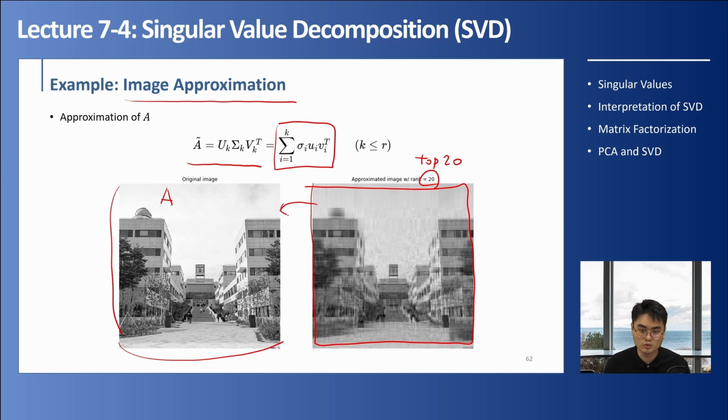So we can get a very large saving in memory. For example, let's say that this had a matrix size of, arbitrarily, 1000 times 1000.